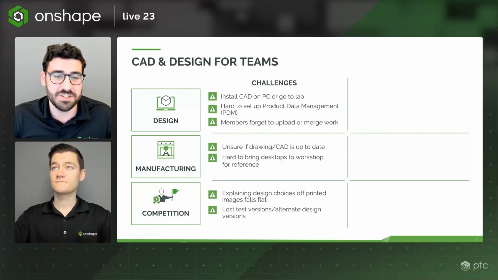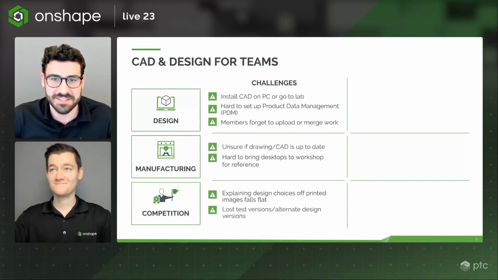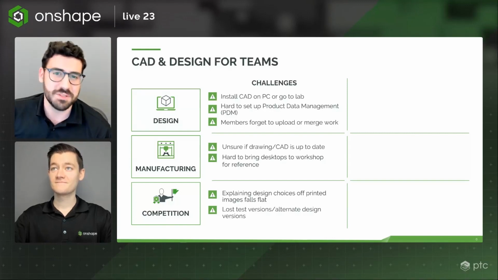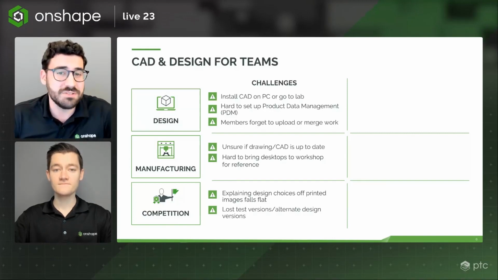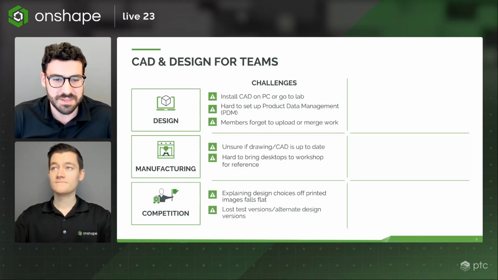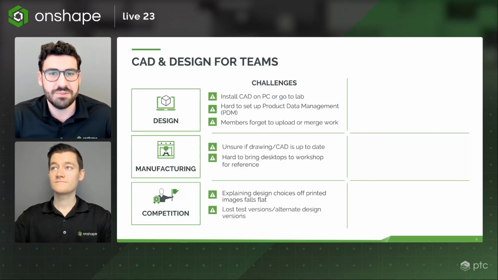And so one of the challenges I remember facing, and I bet you've seen, is just having to install CAD on everybody's devices. I know not everybody on the FSAE and Baja team I was a part of had a Windows device. So it was really challenging to get them up and running with different tools. And then going to competition, I also distinctly remember trying to explain the decisions I made designing suspension and having to do it off of some different things that I'd printed off.